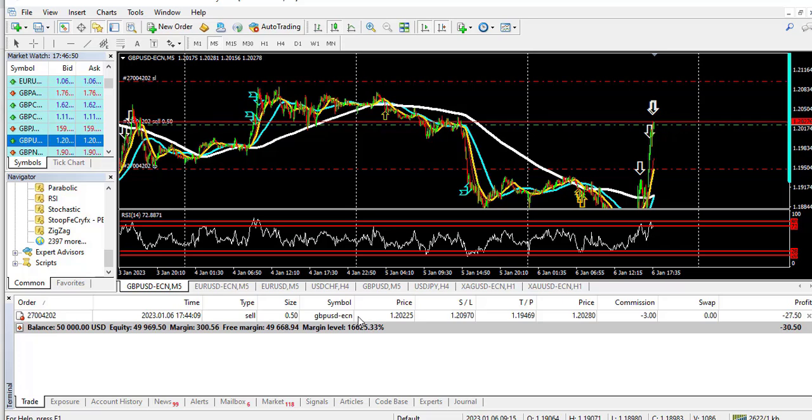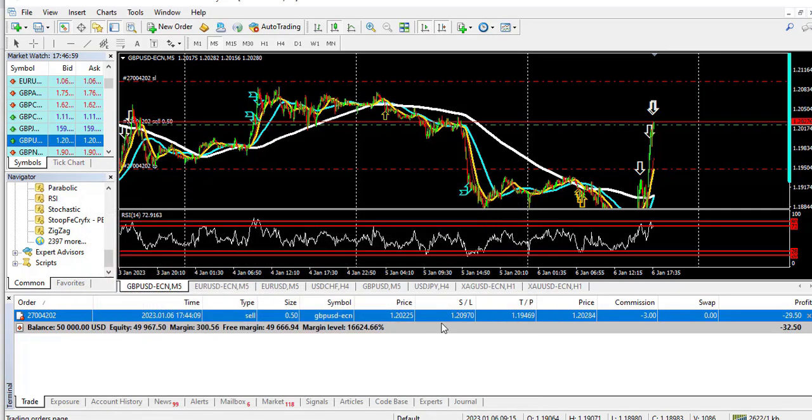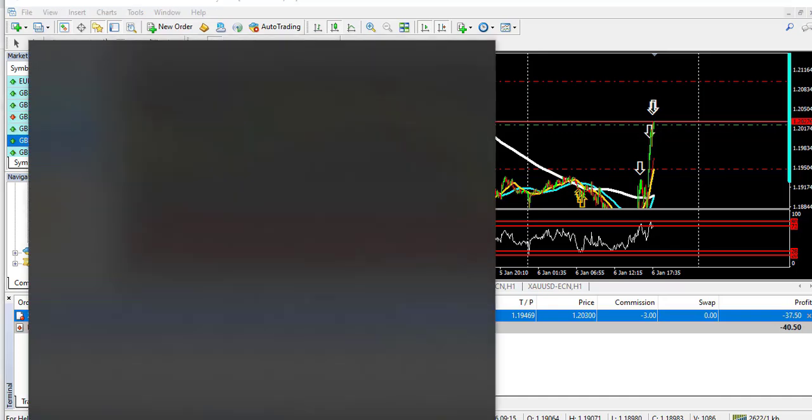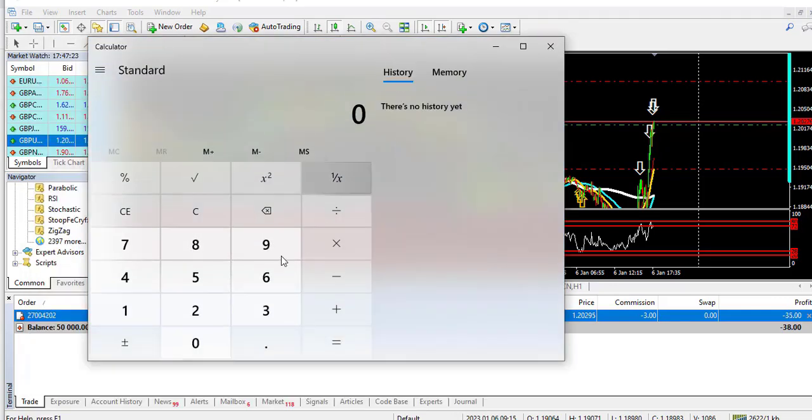Alternatively, what you want to do to get the actual point is click to get the actual price, which is 1.20225. I'm using my calculator.